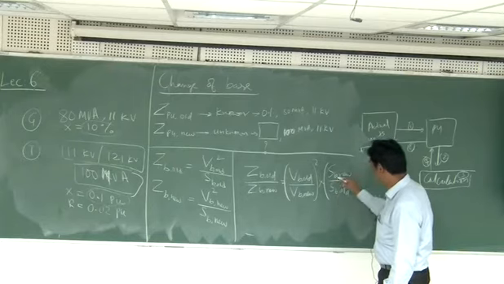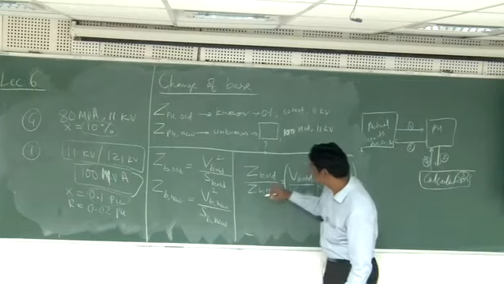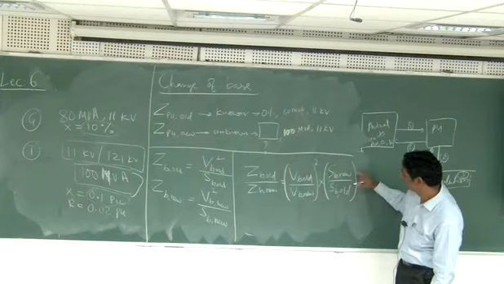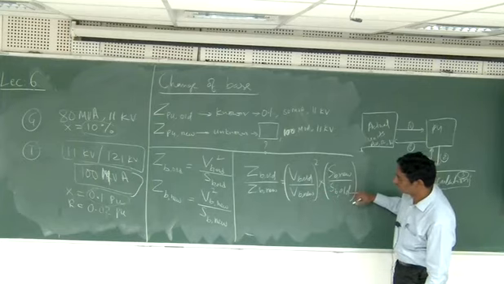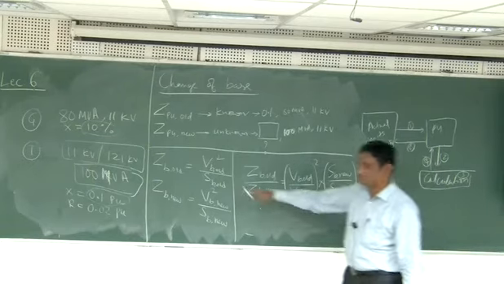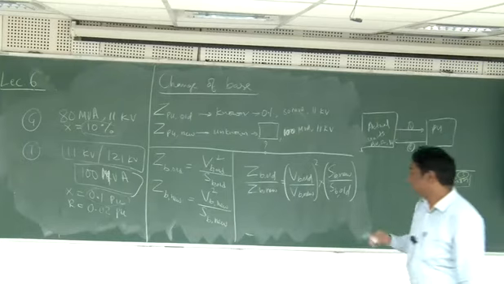Is that correct? I just divided this by this, old by new, and new by old. So I got something like this.